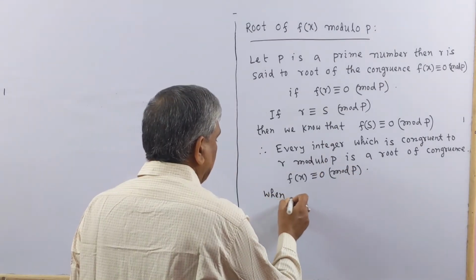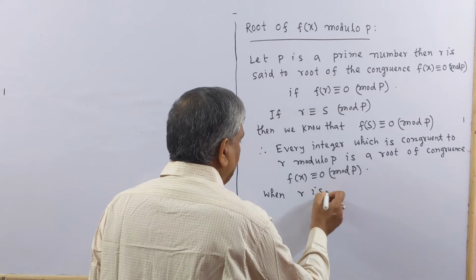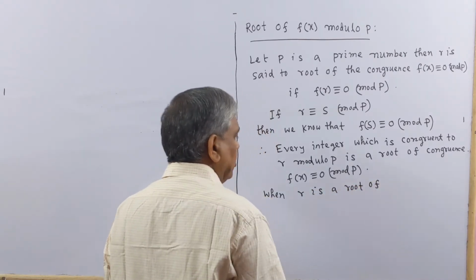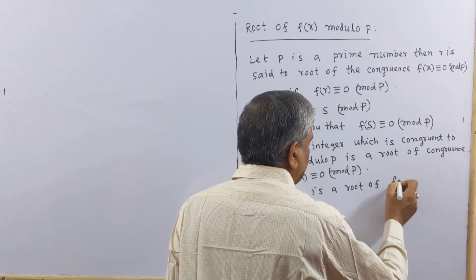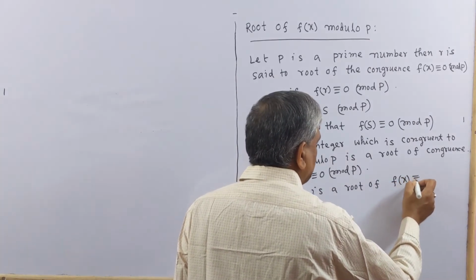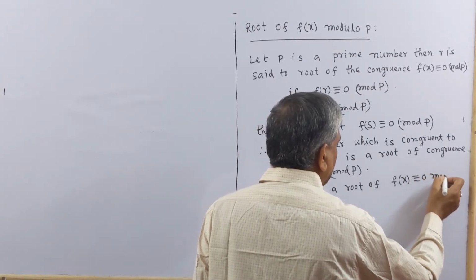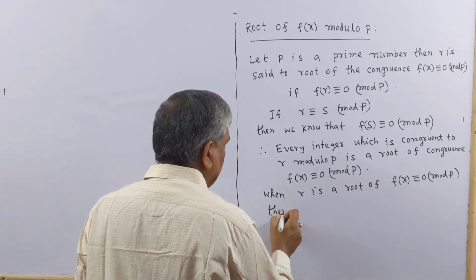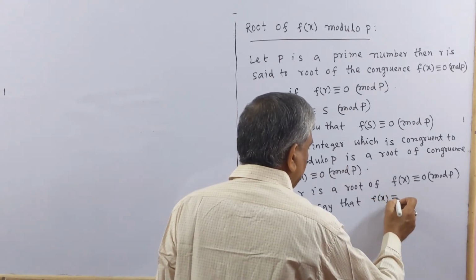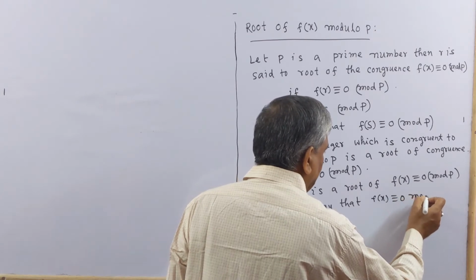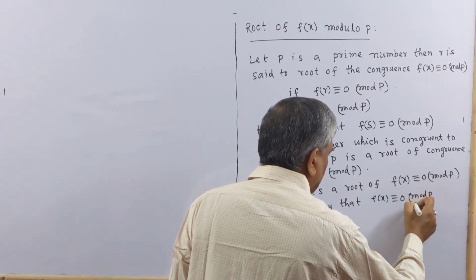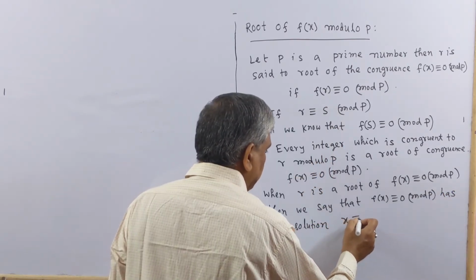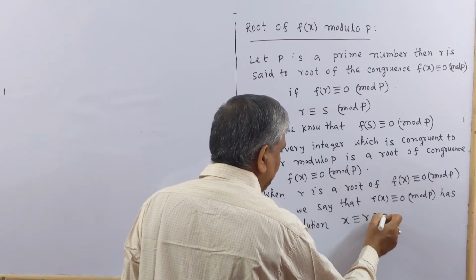When r is a root of the congruence f(x) is congruent to 0 modulo p, then we say that f(x) is congruent to 0 modulo p has a solution x is congruent to r modulo p.